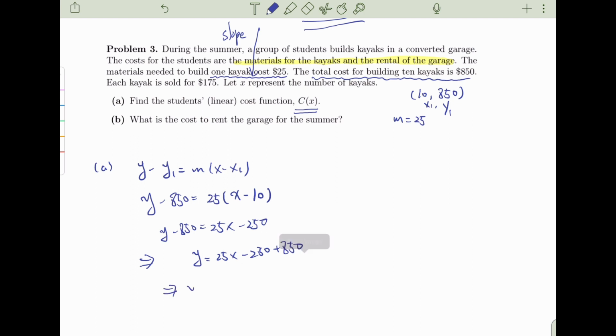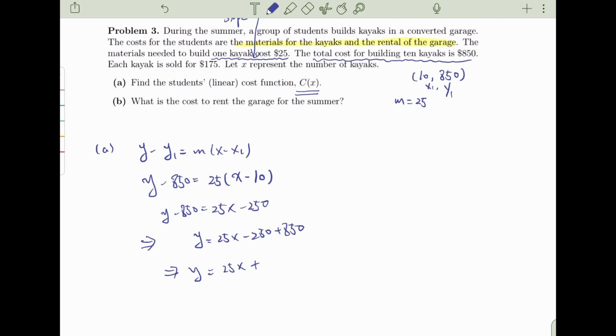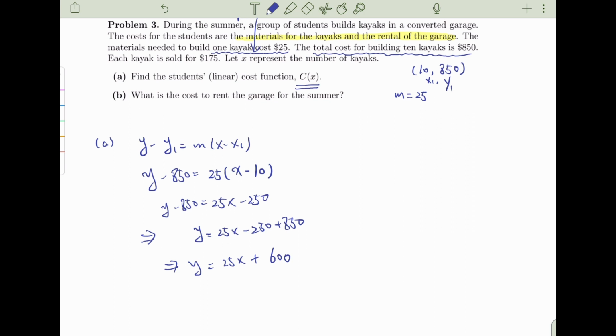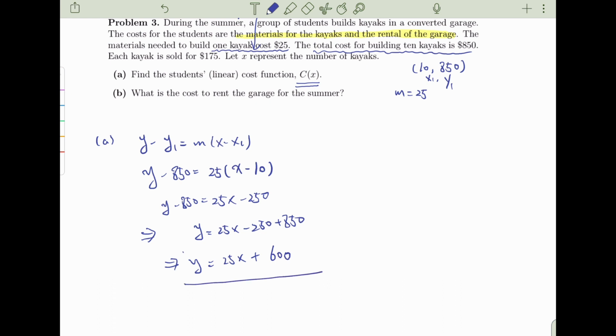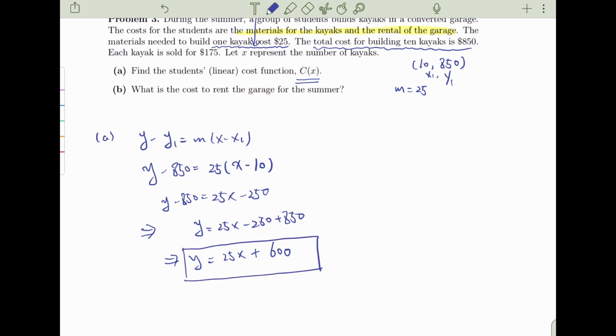So I have y equal to 25x plus 600. Okay, so that is the equation of the line.